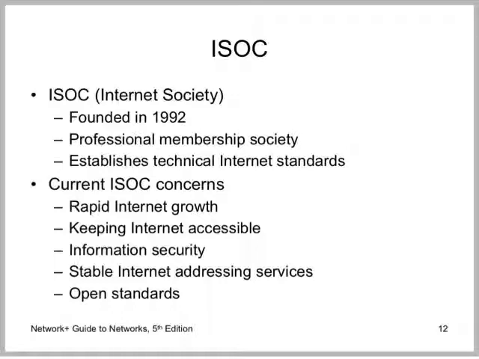ISOC is the Internet Society, founded in '92, a professional membership society that establishes technical internet standards. Current ISOC concerns are rapid internet growth, keeping the internet accessible, information security, and stable internet addressing services, because there is fear that by 2025 we'll be running out of internet addresses from the slew of internet domains being bought up, and each domain having to have its own IP address.